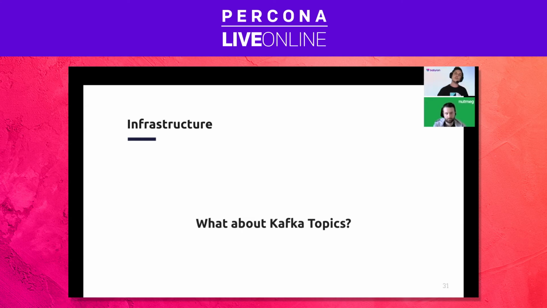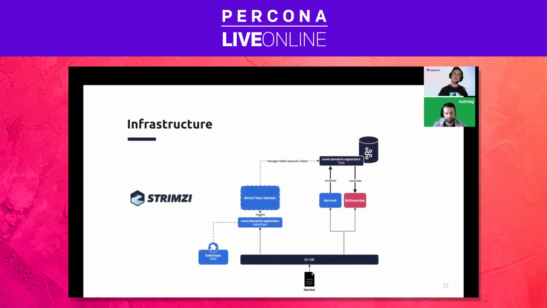All right, so we talked about Kafka users, but what about Kafka topics, which are really the most important resource in a Kafka cluster? Again, there is a Strimzi topic operator, which introduces another custom resource definition, the Kafka topic.